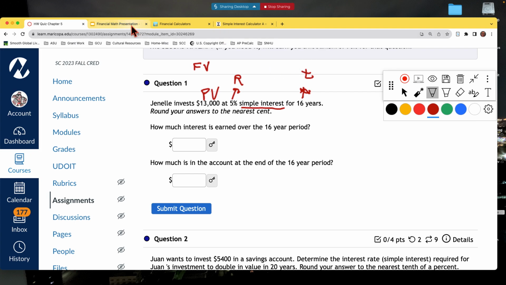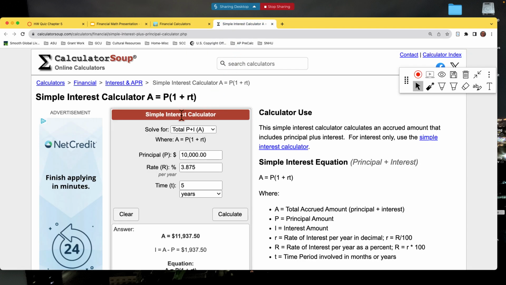So let's go over to the financial calculator, the simple interest calculator. Solve for the total principal plus interest, so the accumulated value. What we need to do is put in the principal or the present value. That was 13,000, right?